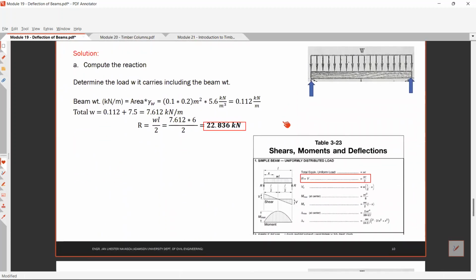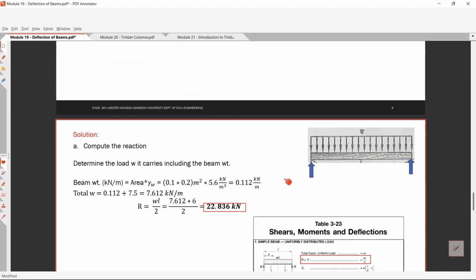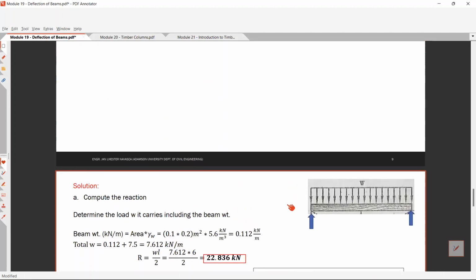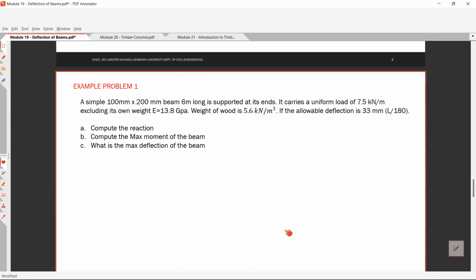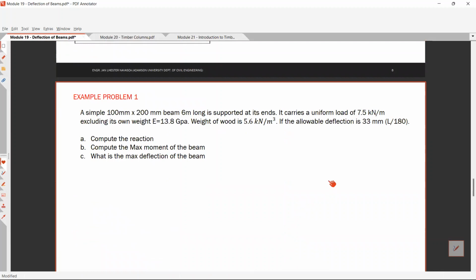Okay. Before we find the reaction of the beam, according to the problem, ang 7.5 kilonewton per meter ay excluded the weight of the beam. So kasama dapat yung weight of the beam.